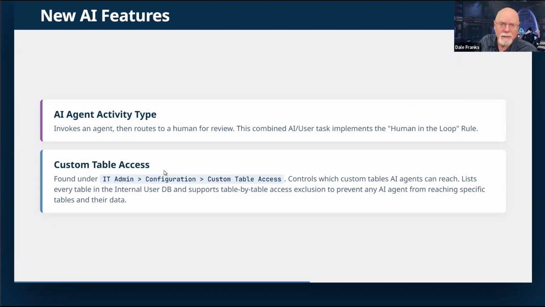Well, all of these custom tables, by default, if you set up an AI agent, it can access them. Now, you may not want that to happen. You may have tables that have some sort of PII data or what have you that you don't want the AI system to be able to access. So you need to be able to block that access in the product.